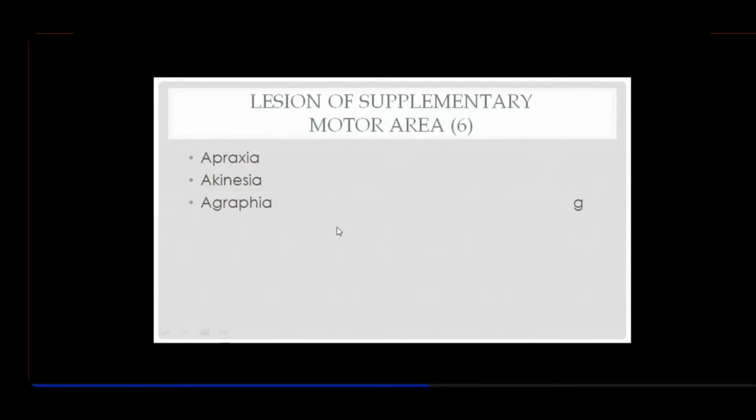Now, lesion of supplementary motor area number 6. I told you that this supplementary motor area is MS2, capital M, so predominantly it is motor in function. It is the extension of the premotor area, area number 6, on the medial surface over the medial frontal gyrus, and that's called the supplementary motor area.